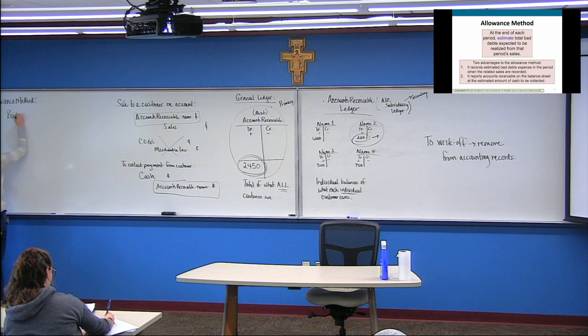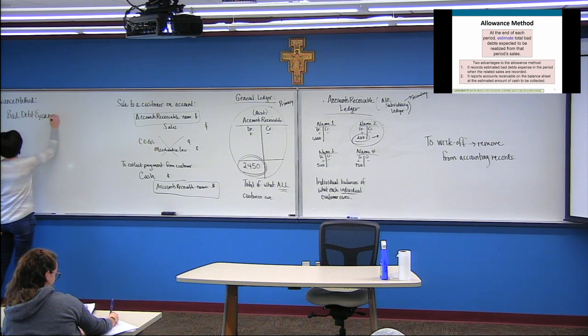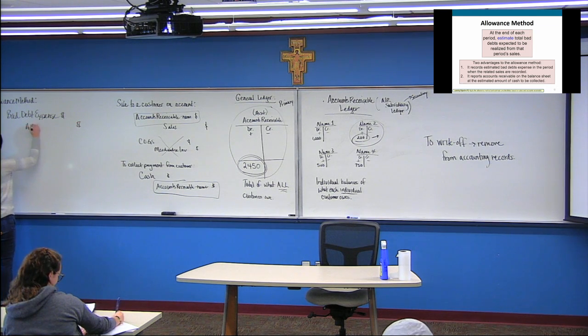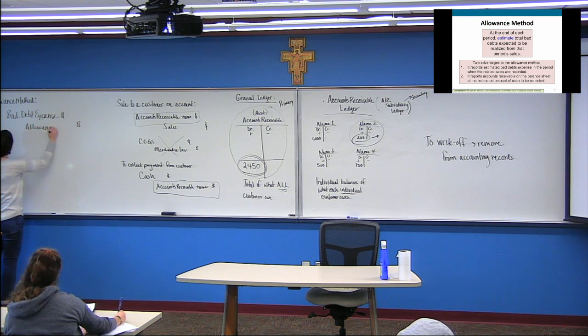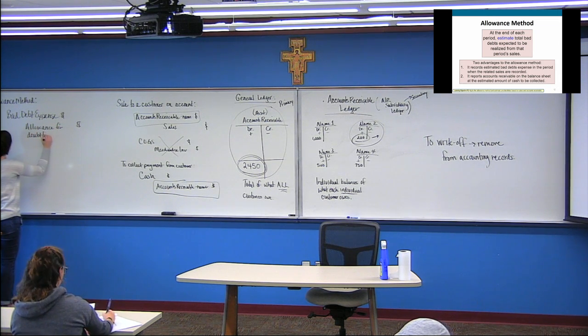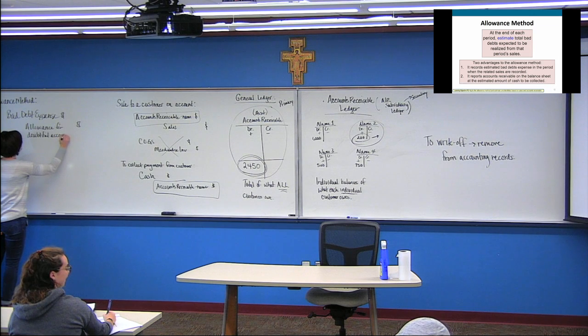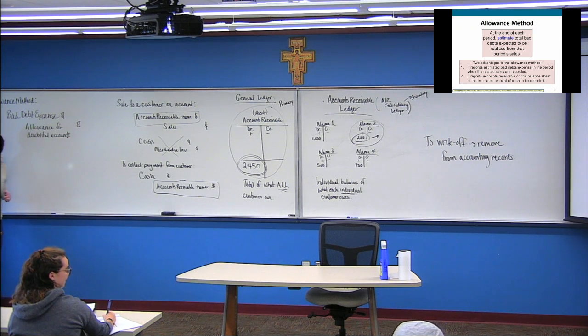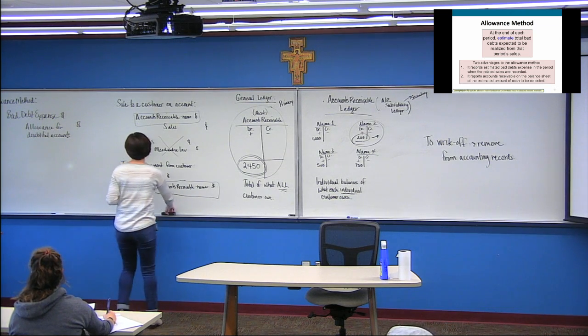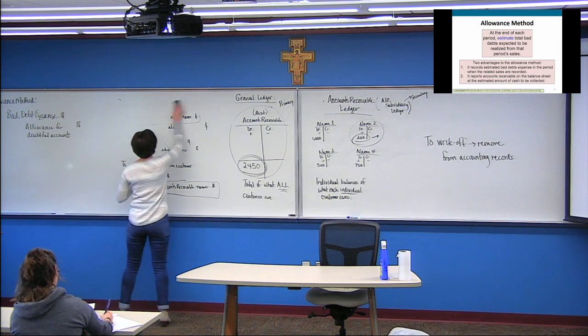We have a couple new accounts here. We're going to be debiting something called bad debt expense. Obviously, we just talked about what bad debts are. And we're going to credit a new account called allowance for doubtful accounts. The allowance for doubtful accounts is a new account, but you have had these kinds of accounts before.